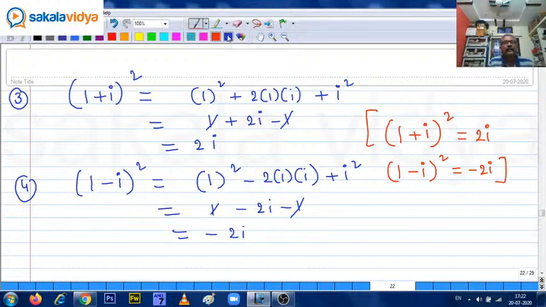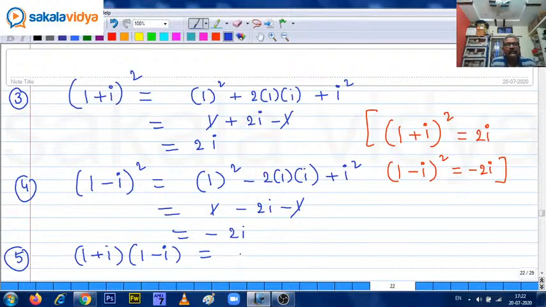Okay, I will give one more. What is 1 plus I into 1 minus I? Anybody? This is actually mod Z square.